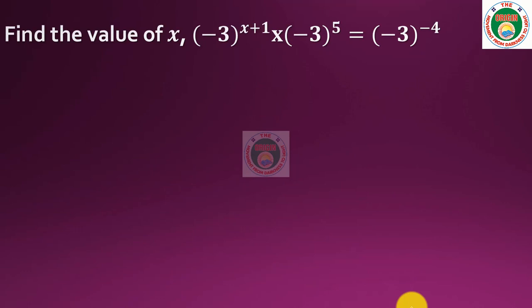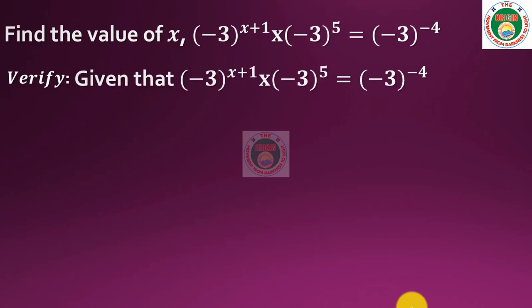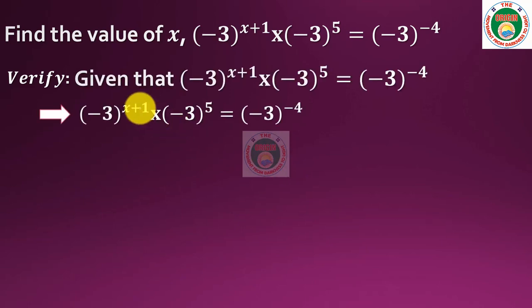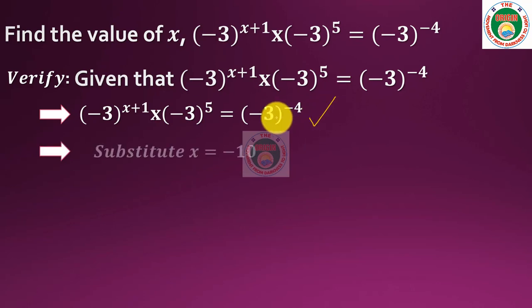Now I have done the verification here. For the same problem, we got x = -10. Once look here, I substituted the x value in the given equation. In the solution we got x = -10.